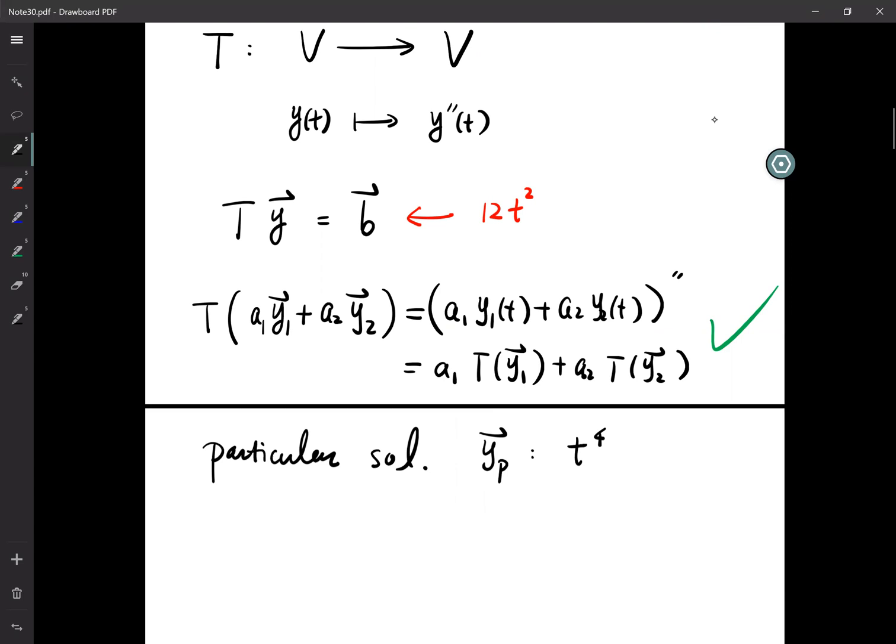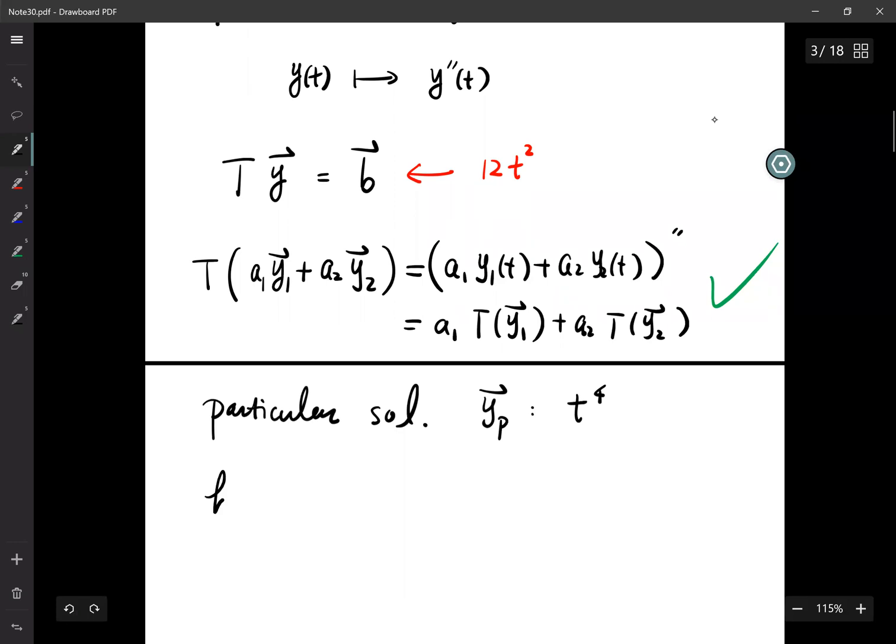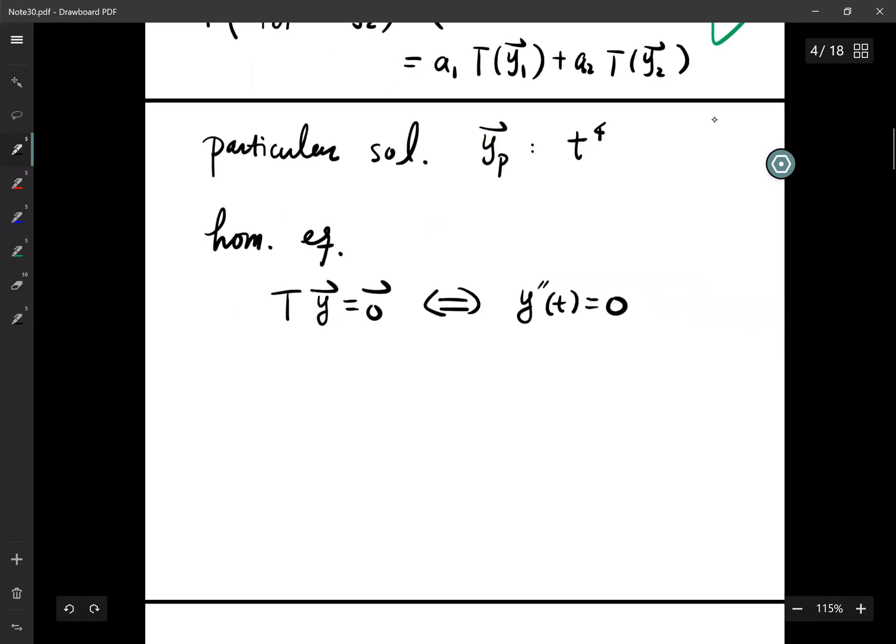In order to find all solutions, we need to solve the homogeneous equation, which is T(y) equal to 0. This is the same as y double prime (t) equal to 0. So how do I solve this thing? I can just do integration. This means that y prime (t) should be a constant, let's call it C2.